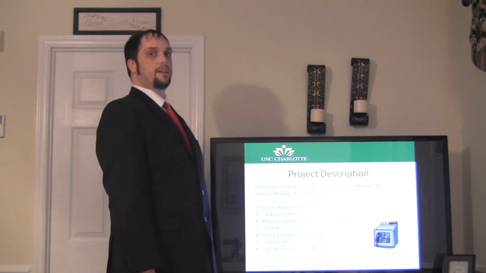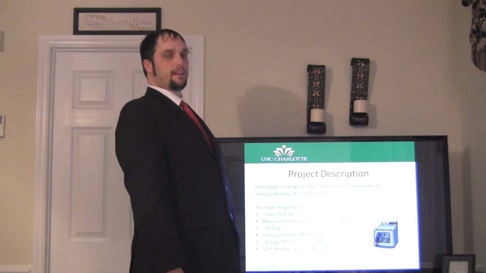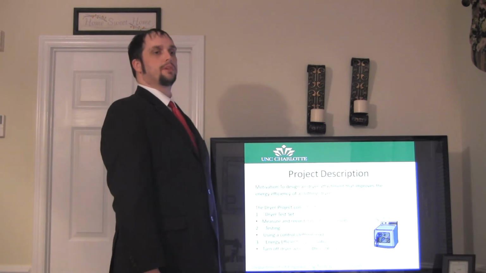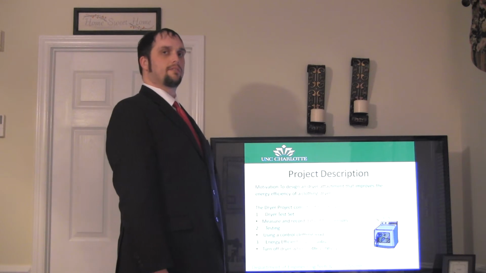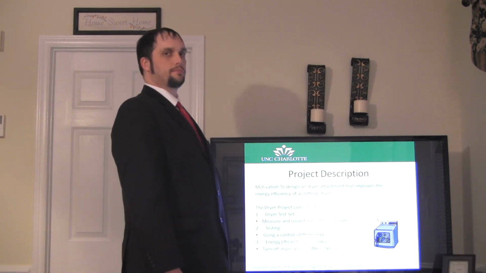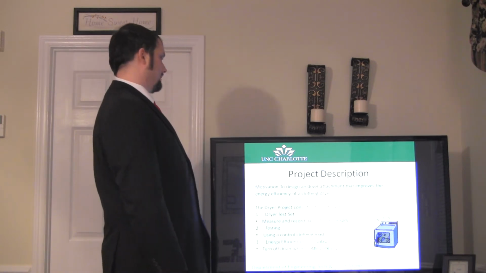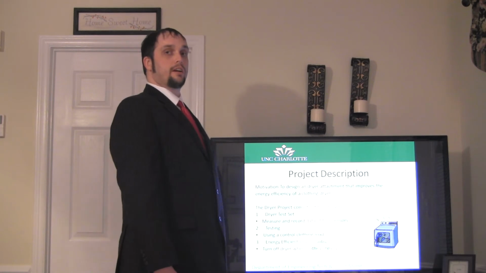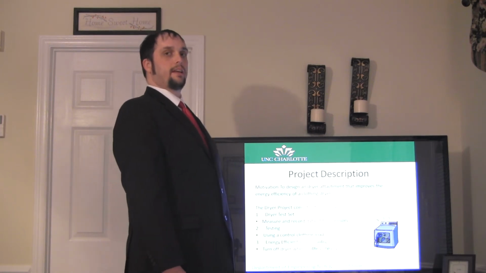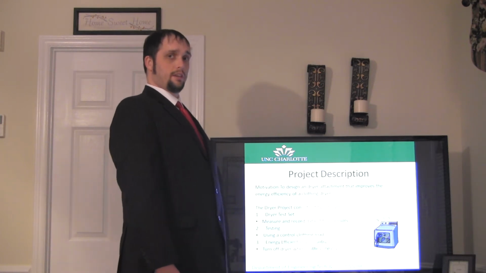The first part is the test set. The dryer test set will monitor 3 variables of the exhaust of the dryer and also monitor current that the dryer consumes. The testing will consist of a dryer that we select and finding a standard of clothing to run tests on.